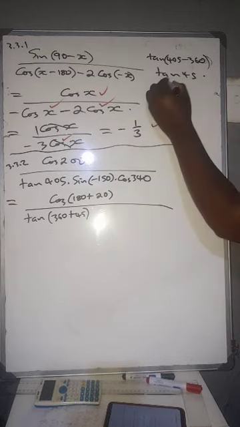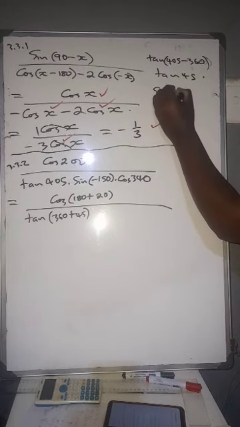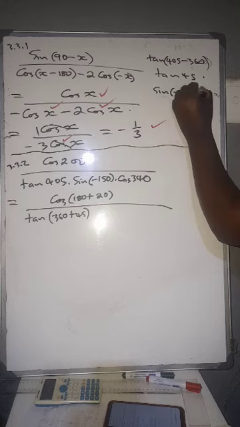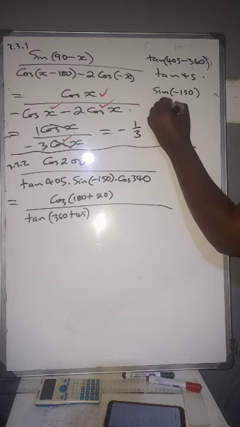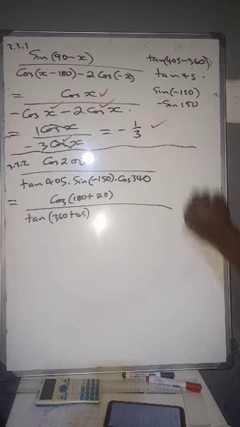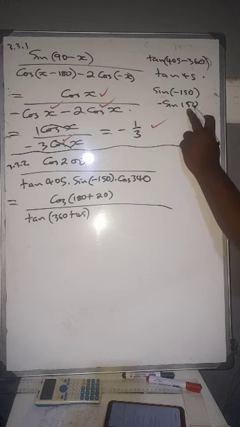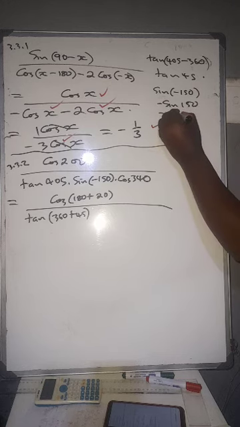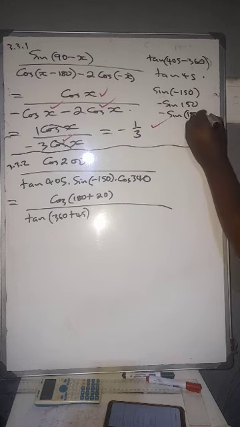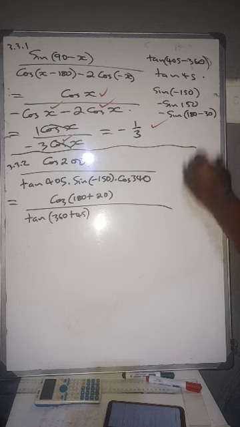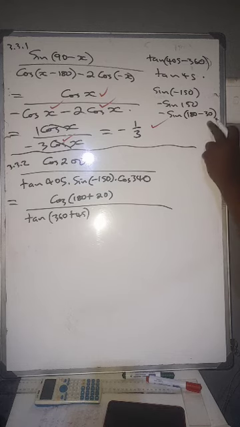Take your negative outside, so it becomes negative sine 150, and then 150 is in the second quadrant, so it is negative sine of 180 minus 30, which is positive.